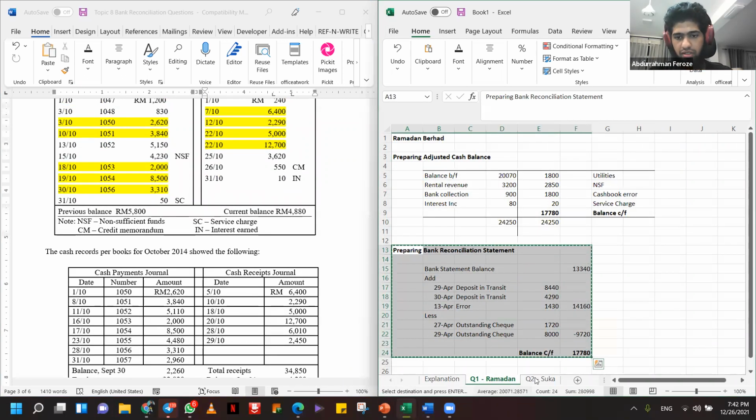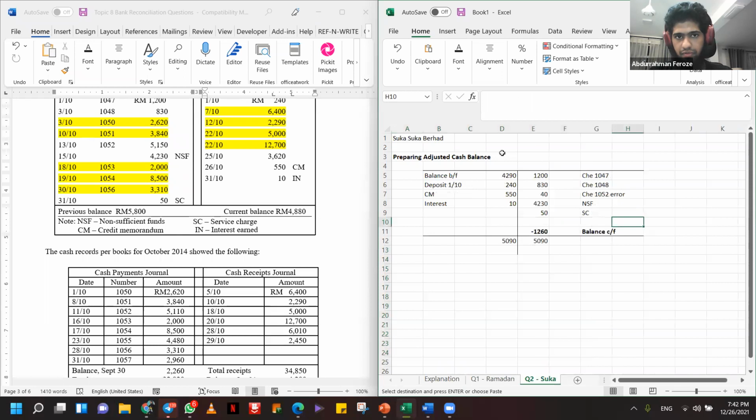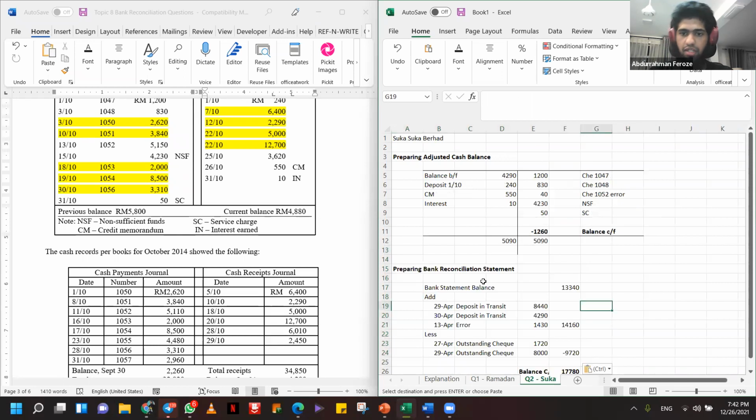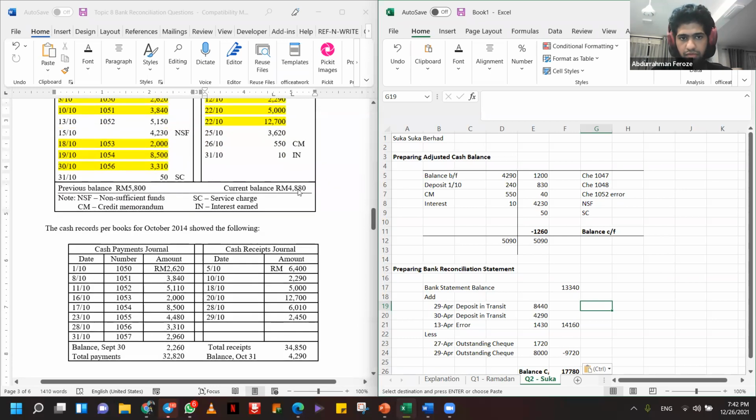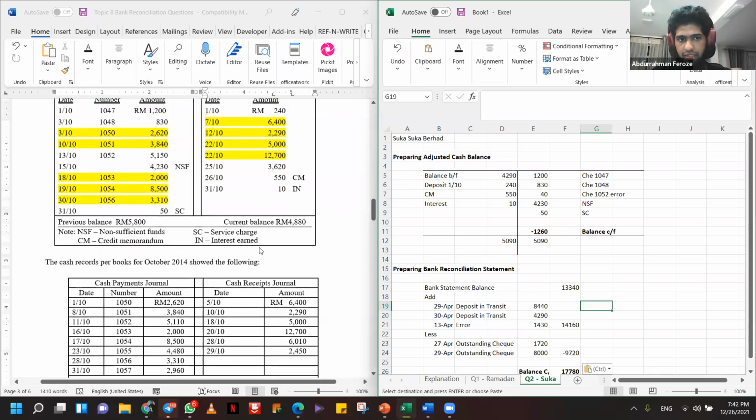Then we prepare the bank reconciliation statement. We use this format again. Okay. So we have the bank balance. The bank balance is 4,880.